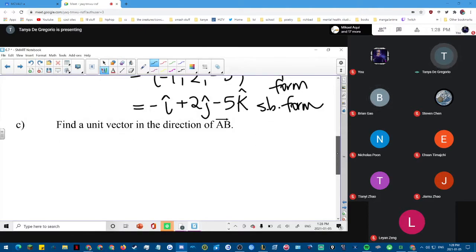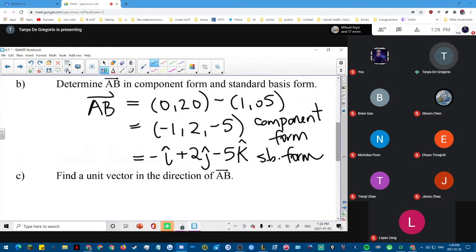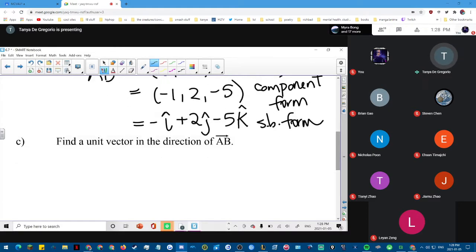Okay, so now we want to find a unit vector in the same direction as AB. So that means I want to use these components. I need the exact same vector. I just don't want it to have the same length as this. I only want it to have a length of 1. So the first thing we need to do is find out, well, what is the magnitude of AB? What is the size of AB?